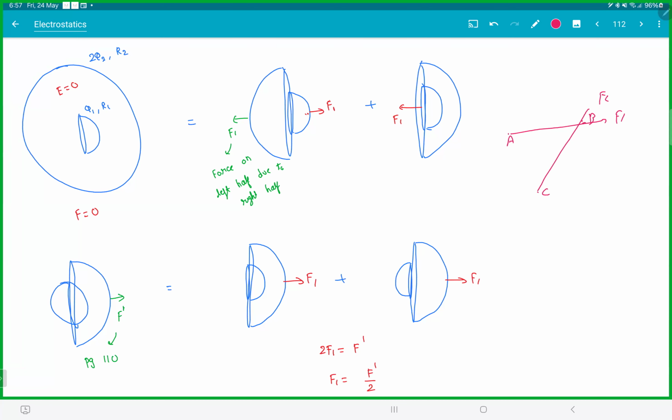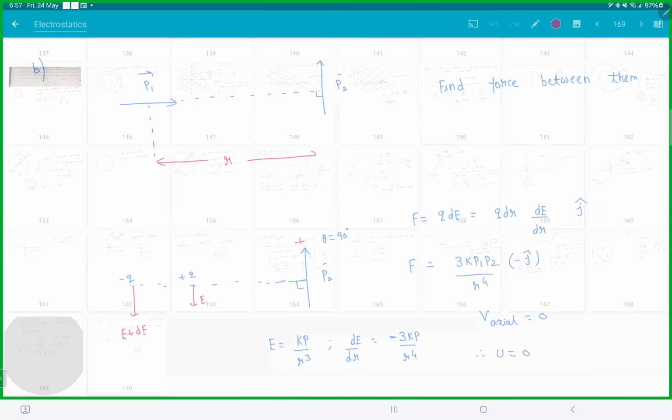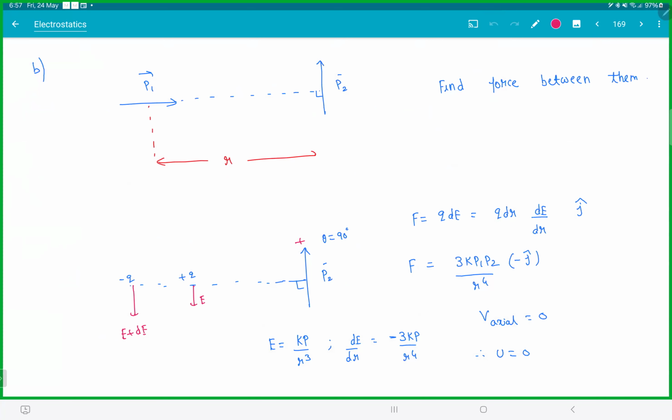F1 plus F2, na? The force between this guy and the big one is F1, the force between the small guy and this guy is F2. So what is the force on this outer one? F1 plus F2, right? We won't add them two times. Don't think like you are mixing them. Got it. Come back in 5 minutes.